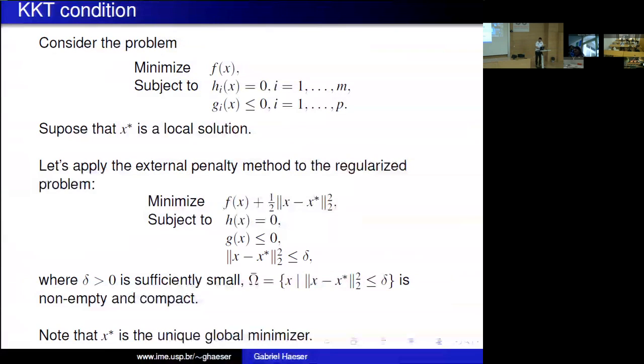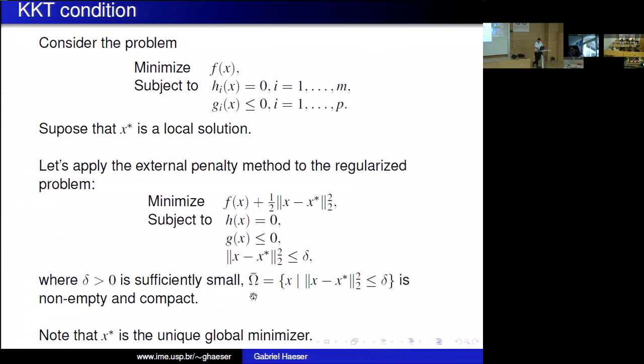So if I modify the objective function in this way, I can guarantee that x star is the unique global minimizer. Because if I had some other global minimizer, this objective function would be greater than it was in x star. So it's an artificial problem that depends on the local solution, but okay, I can apply theoretically the external penalty method to this problem, and I know it has a unique global minimizer. So this will be important.